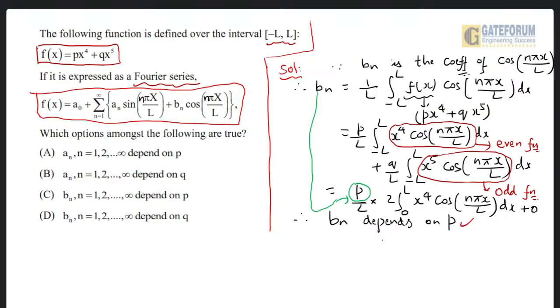Accordingly, the options are: an depends on q, bn depends on p. This is the answer. These two are the multiple select questions, so B, C are the required options. This is the end of the question.